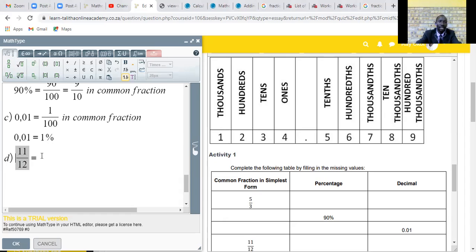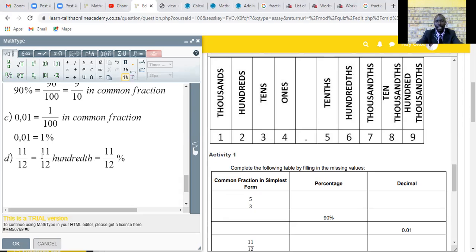The first step is to write it in 100. So we will have this as 11 out of 12 hundredth. See? Hundredth. And now, in percent, it will be 11 out of 12%.